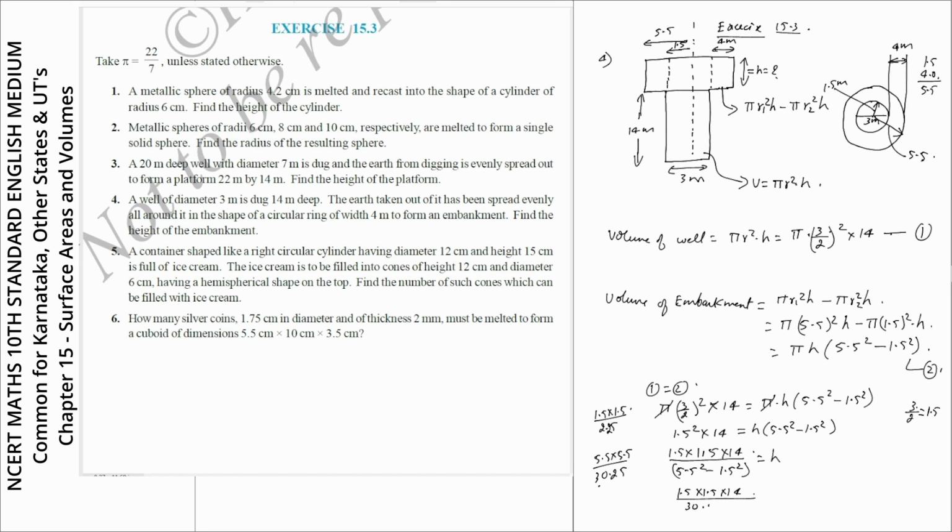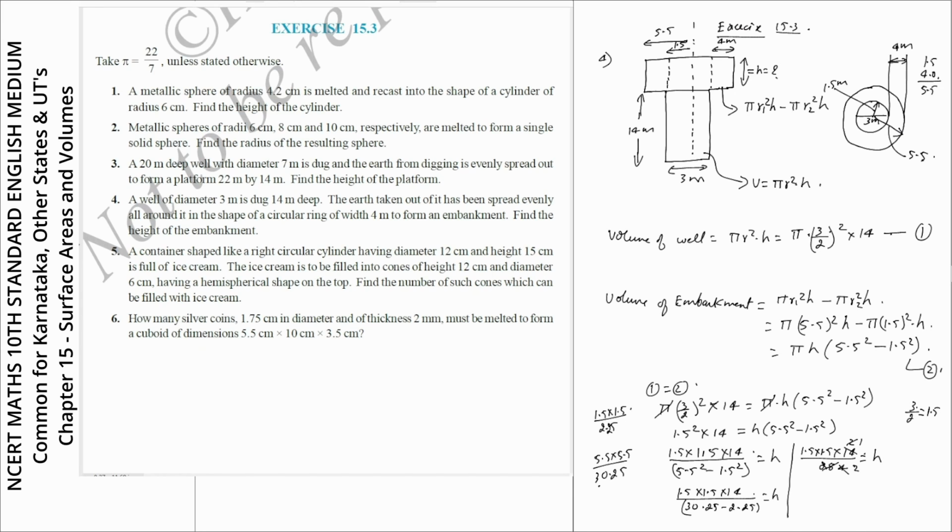So 30.25 minus 2.25 is equal to the denominator. Now this is 1.5 into 1.5 into 14 over 28, since 30.25 minus 2.25 is 28. Now 7 2s are 14, 7 3s are 21, 7 4s are 28, then 2 1s are 2, 2 2s are 4.